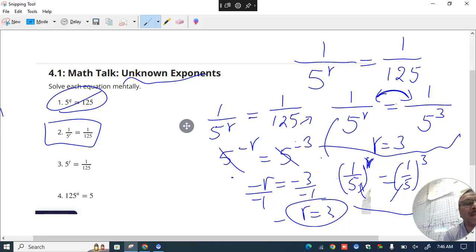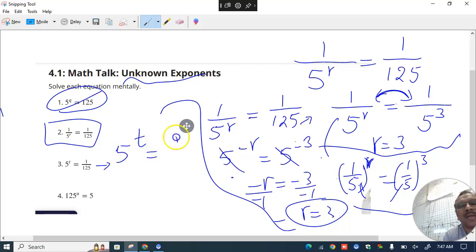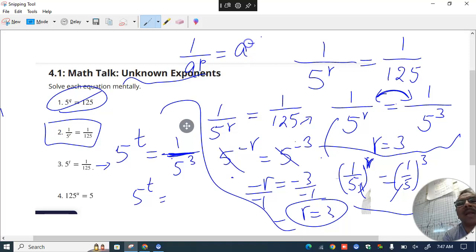Okay. Now look at the next piece. The next piece is 5 raised to t equals 1 over 125. The first thing is, we know 125 is 5 raised to 3. So we can write the 5 raised to 3, which is in the denominator. If we have 1 over a raised to p, then this is the same as a raised to minus p.